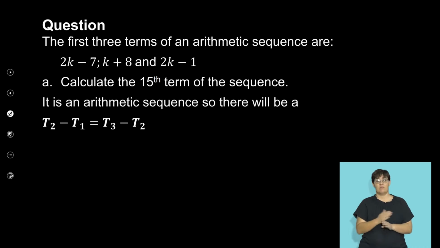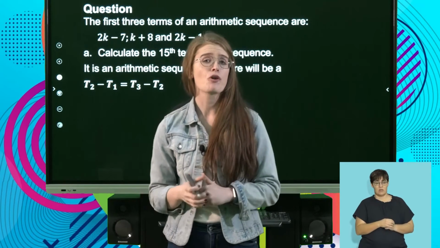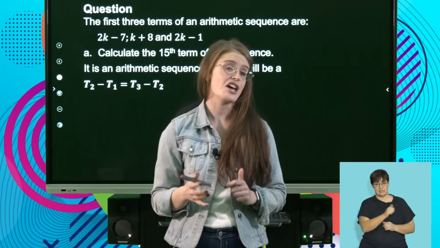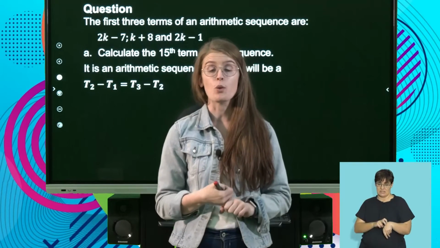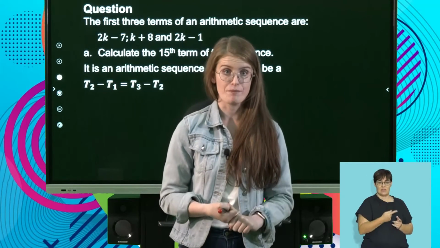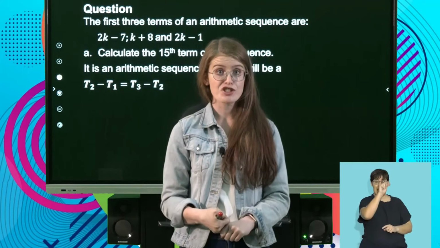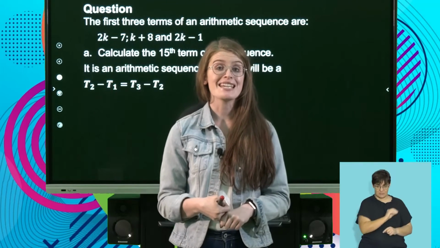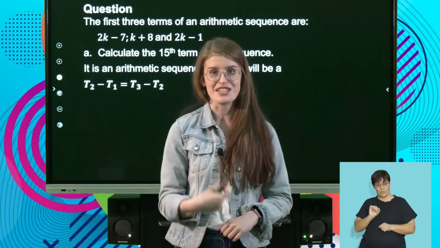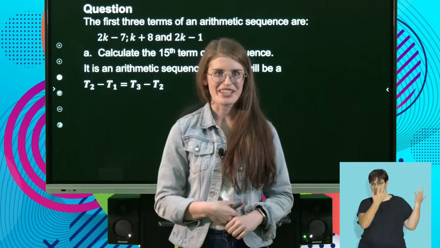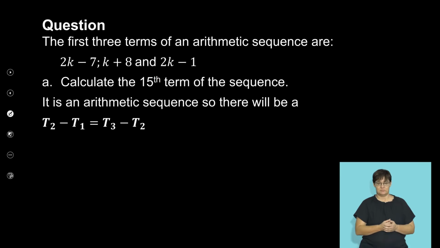Before I get into it, please remember that for an arithmetic sequence, I need to have my A value and my D value in order to find my nth term. If I have my nth term, then I can substitute in n is equal to 15 to find the value of the 15th term. Let's do the working out together. So the first three terms we know are given over here.